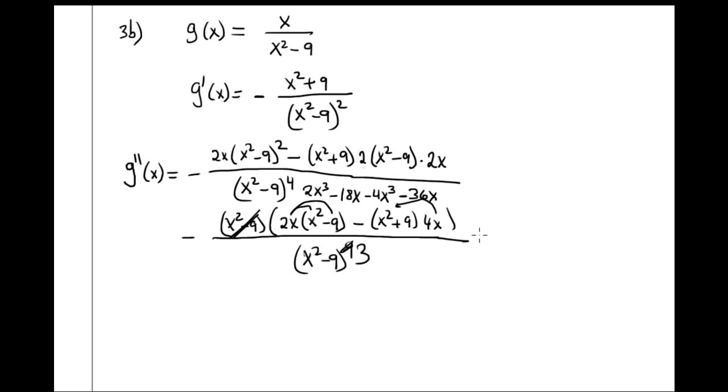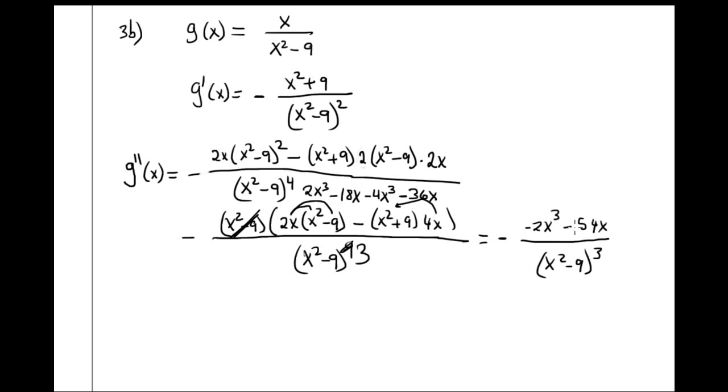We combine, so we have a minus outside. Inside we have 2 minus 4, negative 2x cubed. 36 and 18 is 54, minus 54x, over x squared minus 9 cubed.